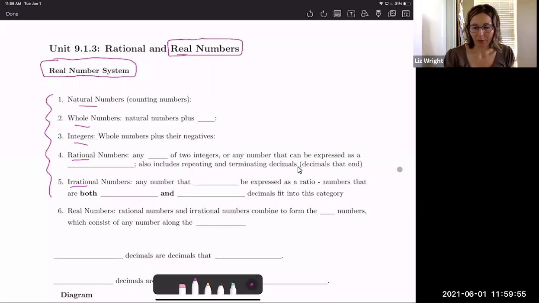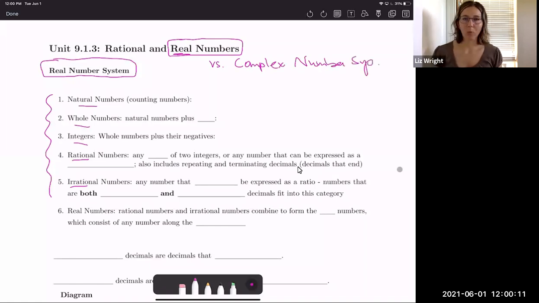The other thing I want to talk about is this word real. I really hate the terminology here because it makes us think real versus fake. Well, you need to be thinking about real numbers versus complex numbers. The complex number system we're not going to really get into at all in this class, but we do touch on it a little bit in intermediate algebra.